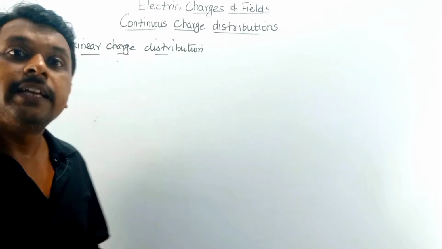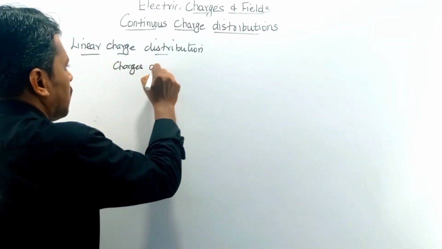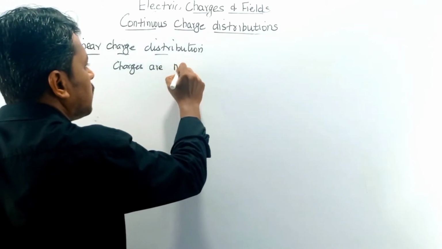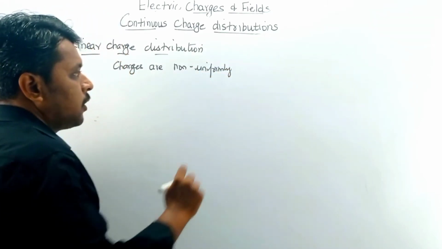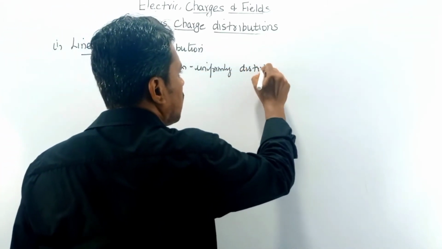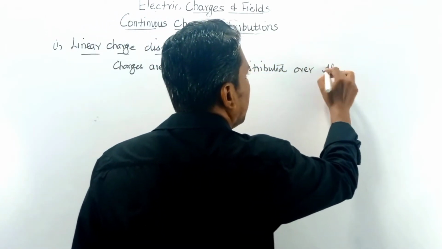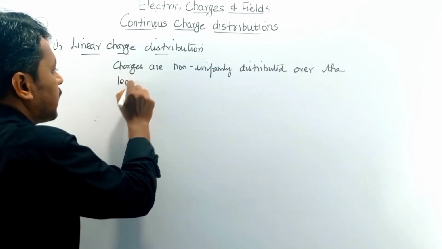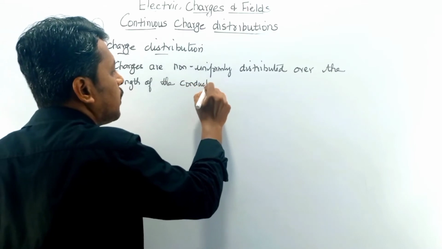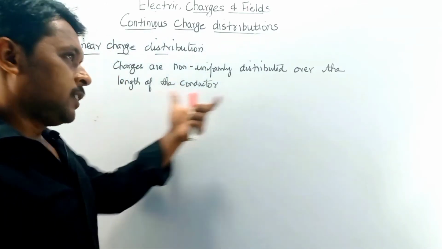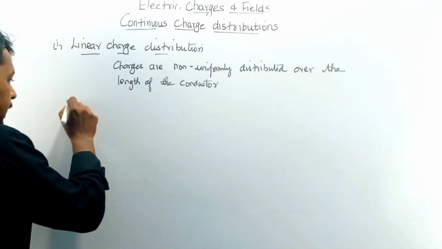In this case, the charges are distributed over only the length of the conductor. Let us see an arrangement like this.